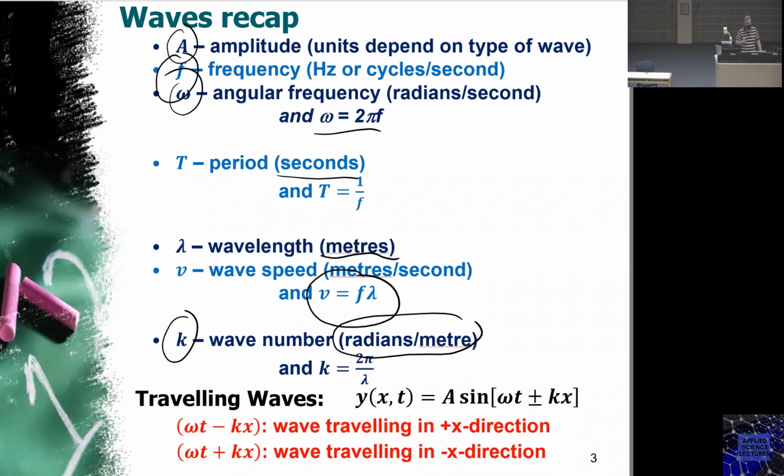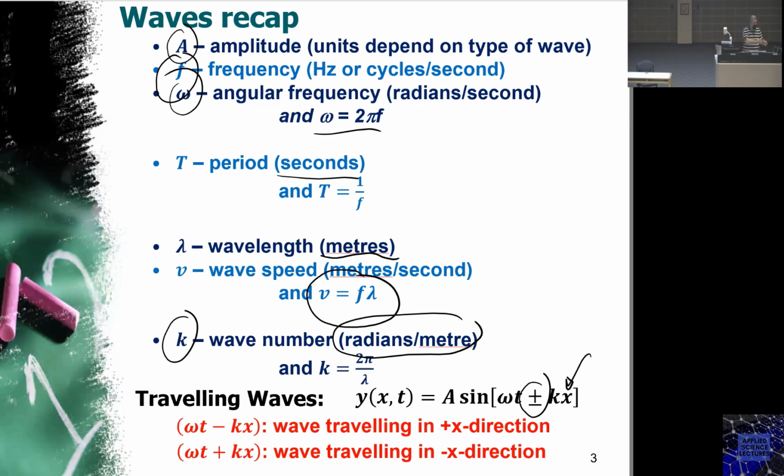Then we said we can look at the traveling wave or the incident wave based on the way it propagates. And that's defined by the sign between the omega t and the wave number times the axis of propagation. If this sign is negative, then my wave is traveling in the positive direction. This variable defines what axis this direction is.